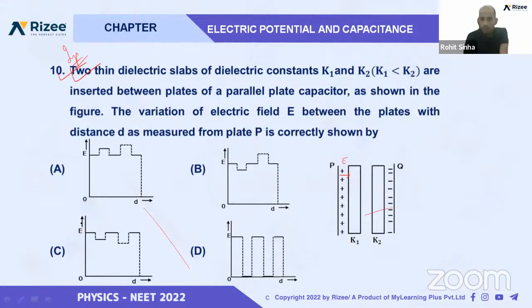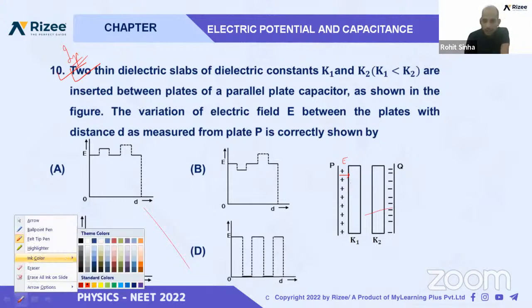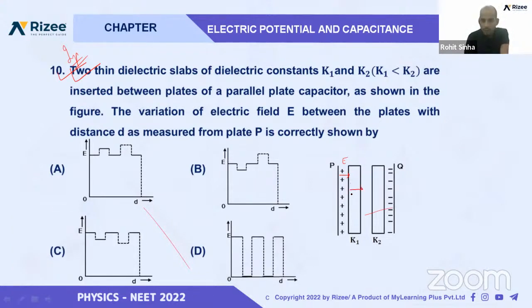So we know for an electric field that inside the dielectric it becomes E by K1 here, again in air E, again here E by K2, and again here E. We have seen that here it is getting decreased.